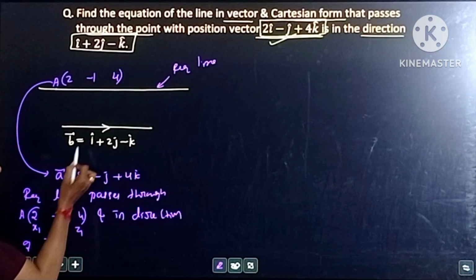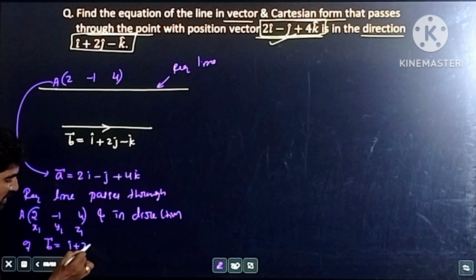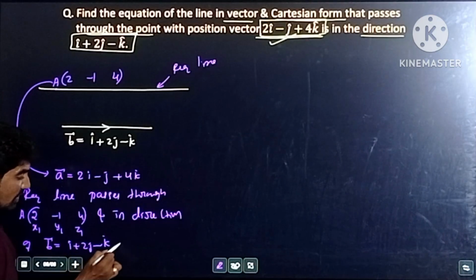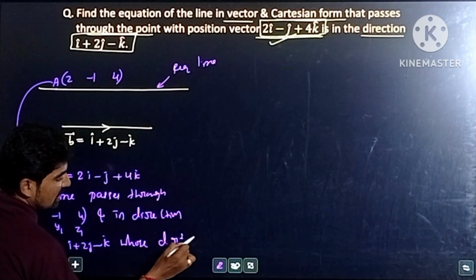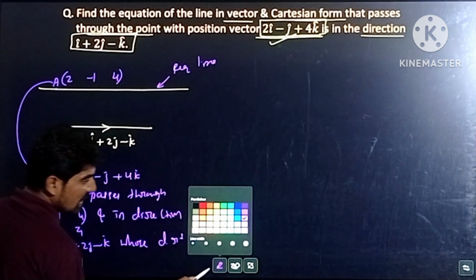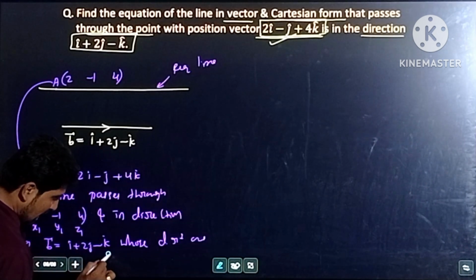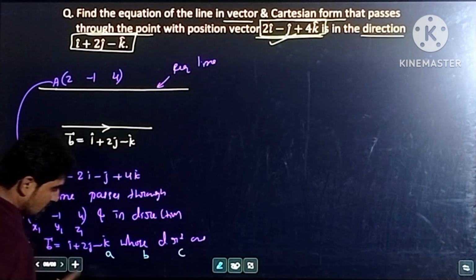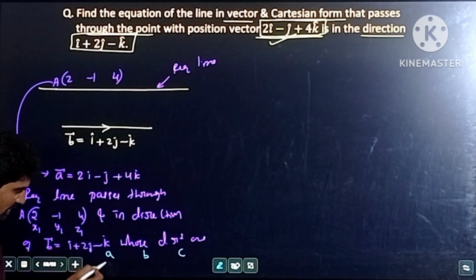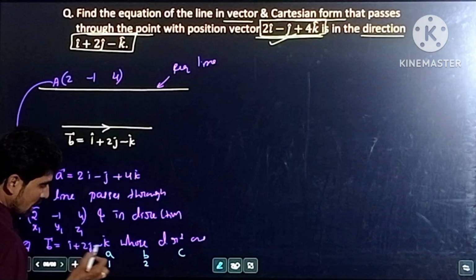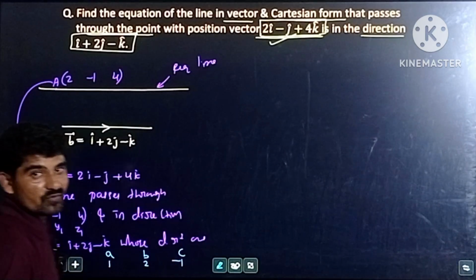So what is the B vector here? i plus 2j minus k, whose direction ratios are, let's say, a, b and c. The values of a, b, c are nothing but the coefficients of i, j, k in the B vector, that is 1, 2 and -1. I hope all of you understood.